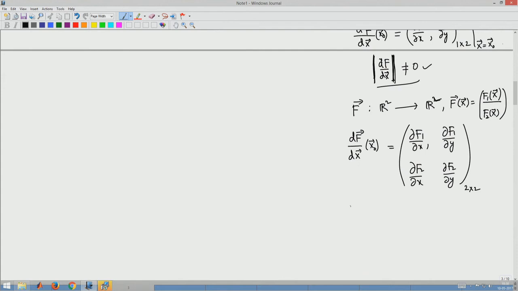What do you mean by the derivative? The derivative being non-zero here means this distance, the modulus, what is the modulus here? You can take a determinant.